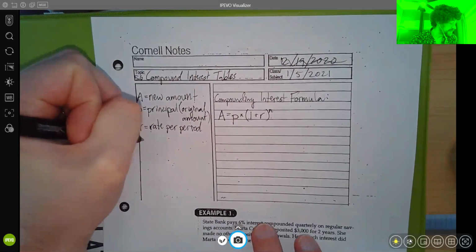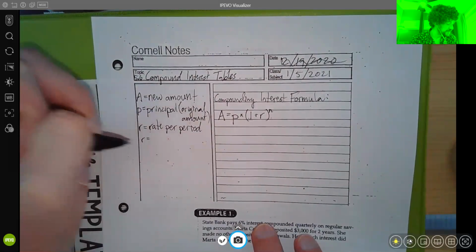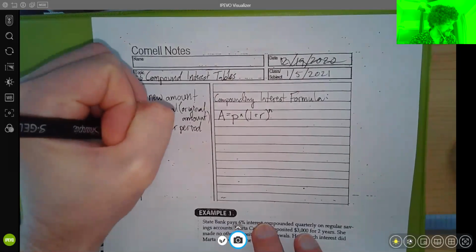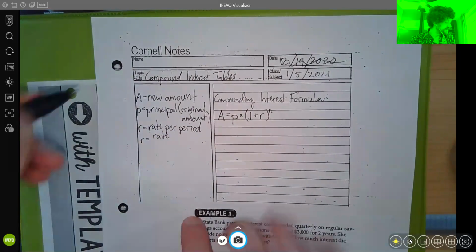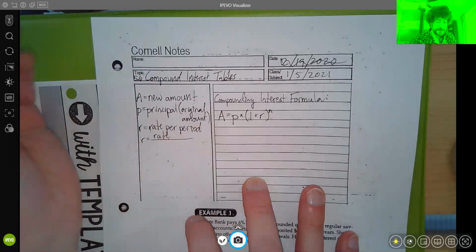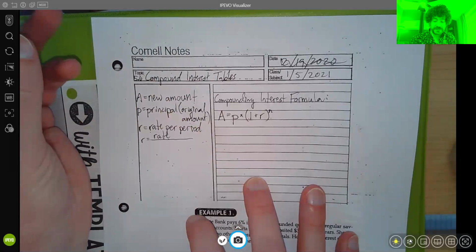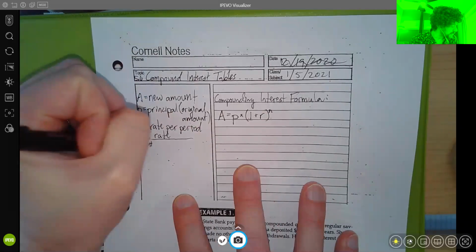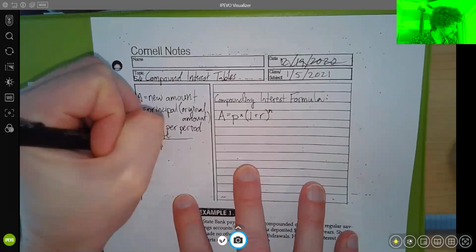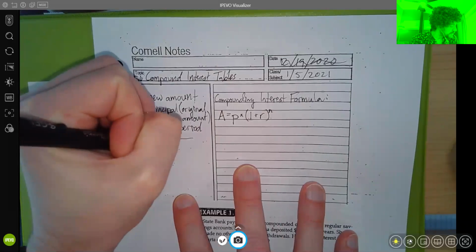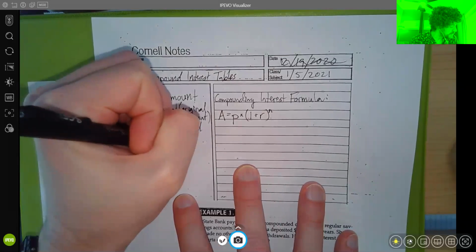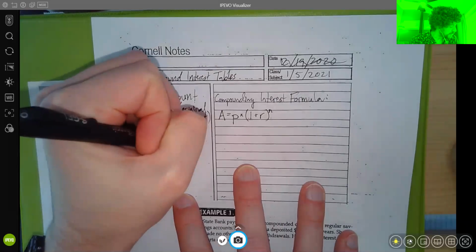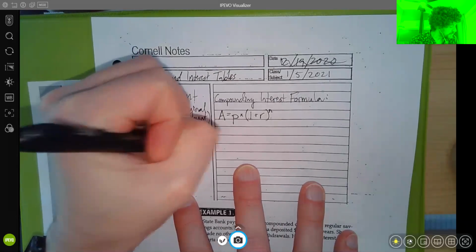there's a little formula for this as well. R is equal to the actual rate, that's your decimal there, divided by the number of periods per year.